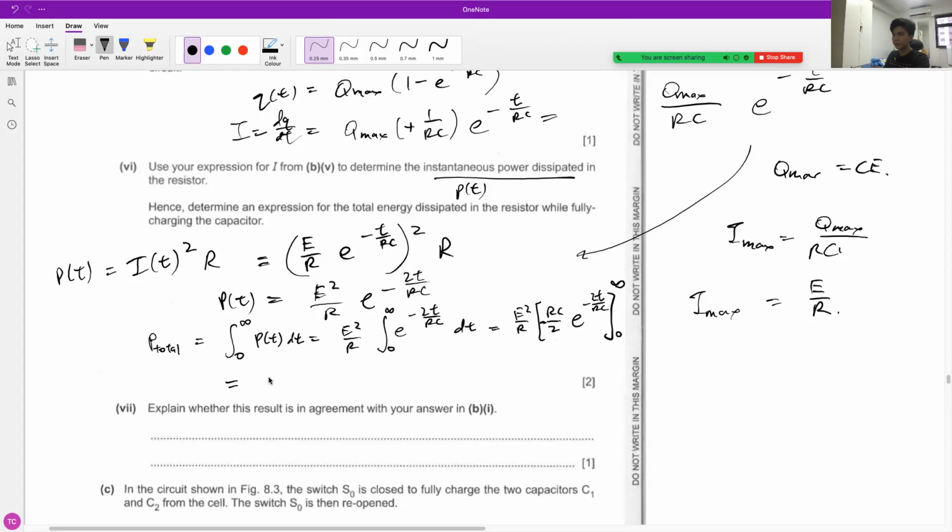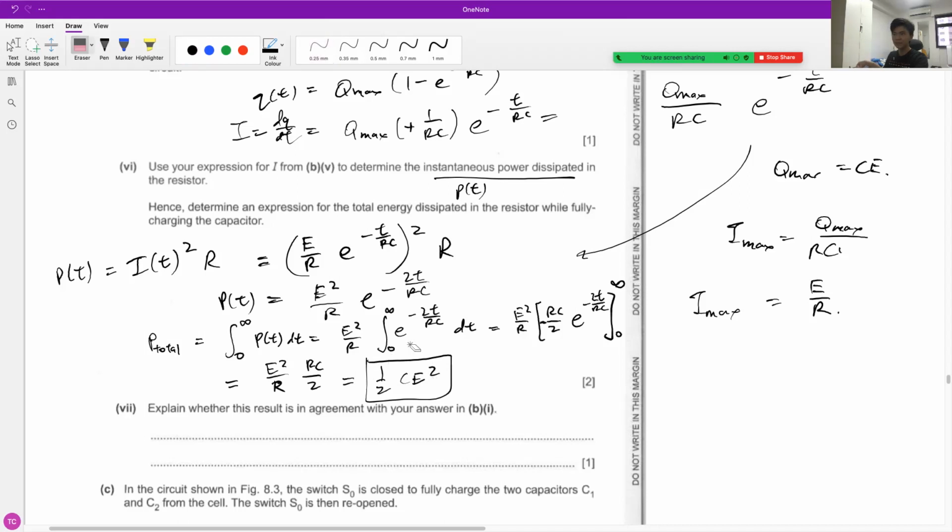At time t goes to infinity, the upper bound is 0. And the lower bound just gives you RC over 2, and that is just CE squared over 2. That's the final answer.